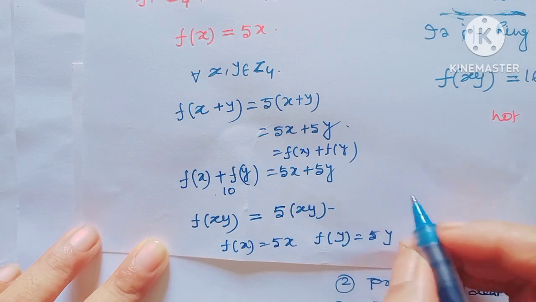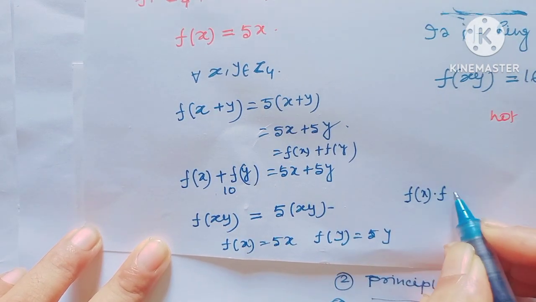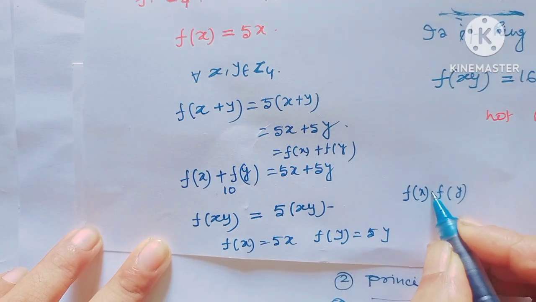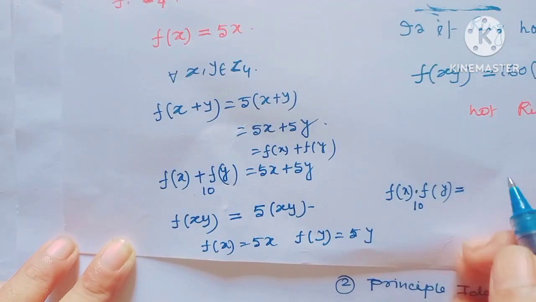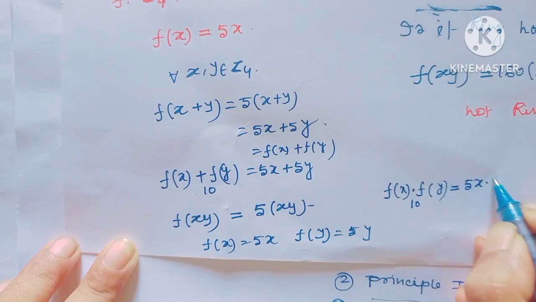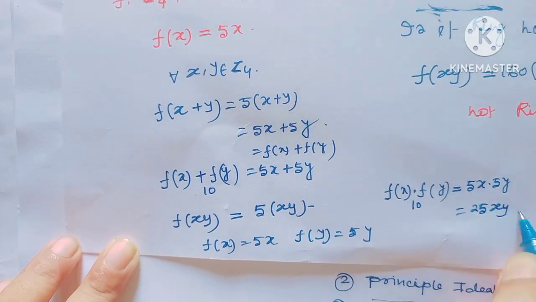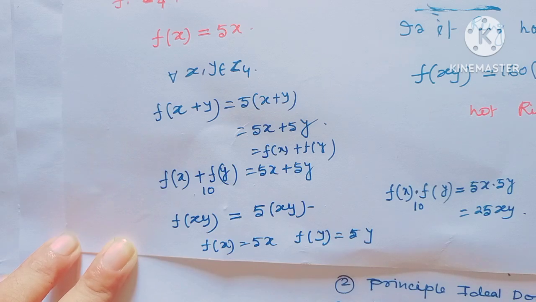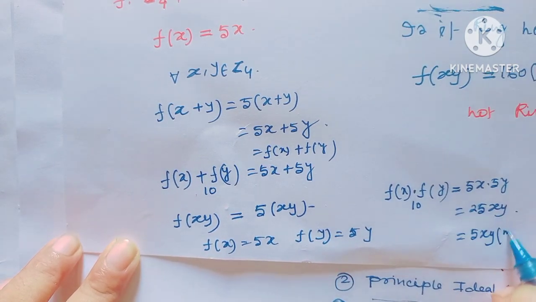Then f of x times f of y in modulo 10 equals 5x times 5y, which equals 25xy, and in modulo 10 this is actually 5xy in mod 10.